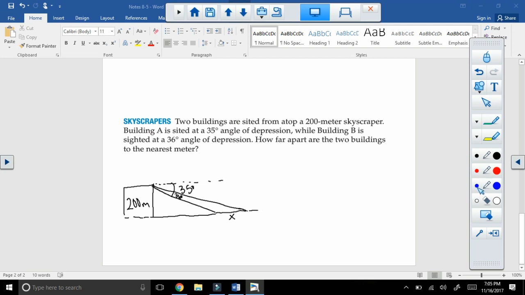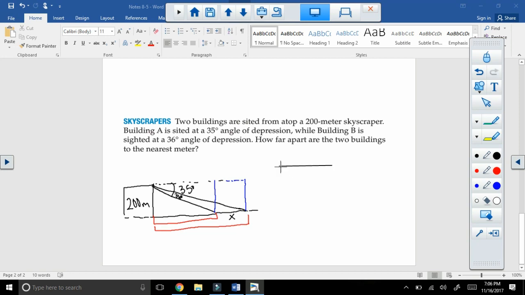What I know from this is I know that I have these two different right triangles with these two different sides here. What I would do is either think about them separately if you need to, but I'm going to calculate how far this is and how far this one is, and then I can use that to tell how far apart those two buildings are.